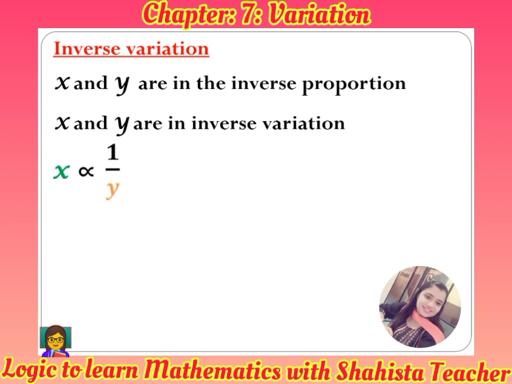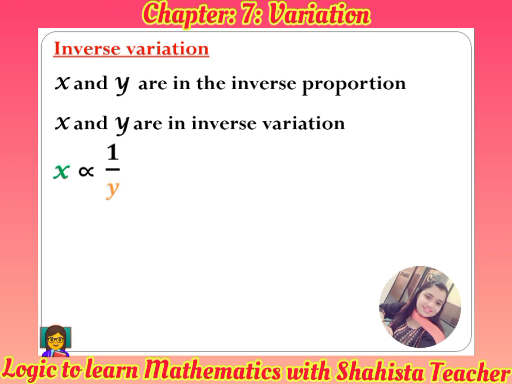So this represents the inverse variation formula. x inversely varies as 1 upon y. This is known as x inversely varies as 1 upon y.